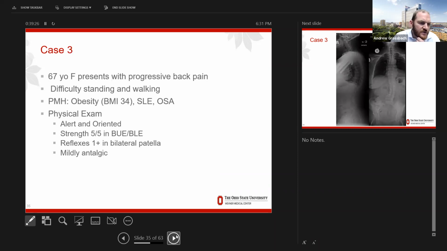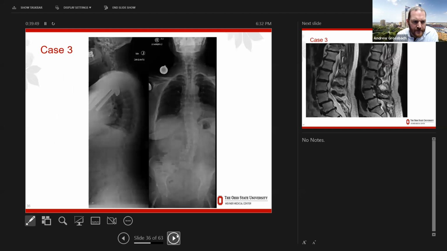Next case, this is one I wanted to include because this is where I thought the patient-specific implant was very helpful. This is a 67-year-old female, similar story, progressive back pain, past medical history for obesity, lupus, obstructive sleep apnea, essentially intact, a little bit of an antalgic gait.